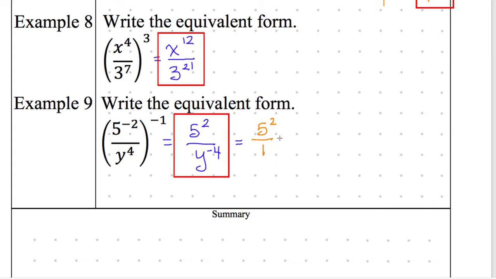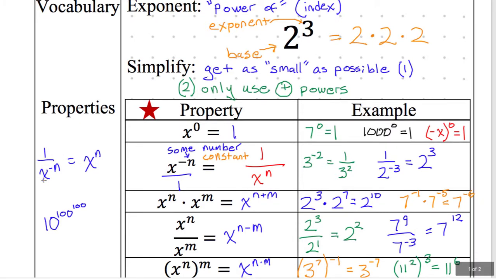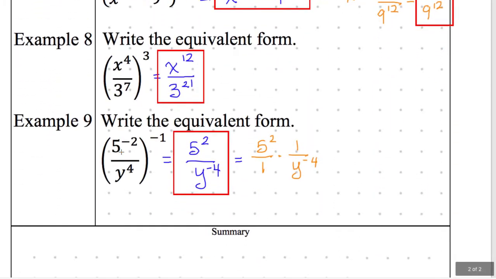So this is going to turn into 5 to the power of 2 times 1 over y to the power of -4. I agree that these two things are still the same. I just separated them. I pulled them apart. You're allowed to pull them apart. By pulling them apart, I can now apply the rule to this fraction. Remember, our rule up here stated, if I have 1 over some base to the negative power, put it in the top, put it in the numerator, and turn it into a positive power.